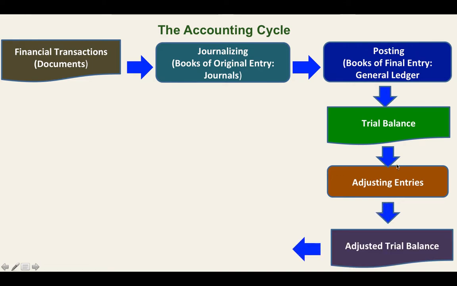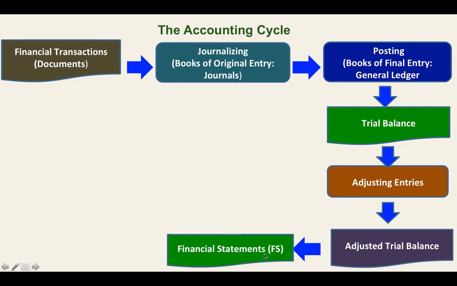So in effect, the balances per your trial balance plus or minus the adjusting entries will give you the adjusted trial balance.